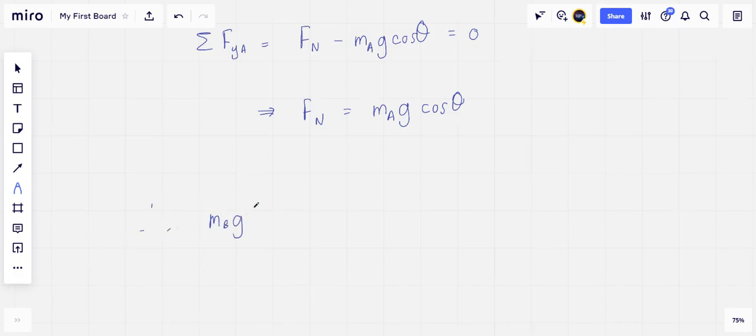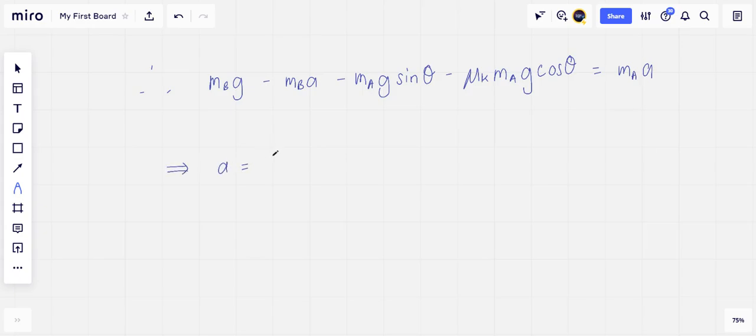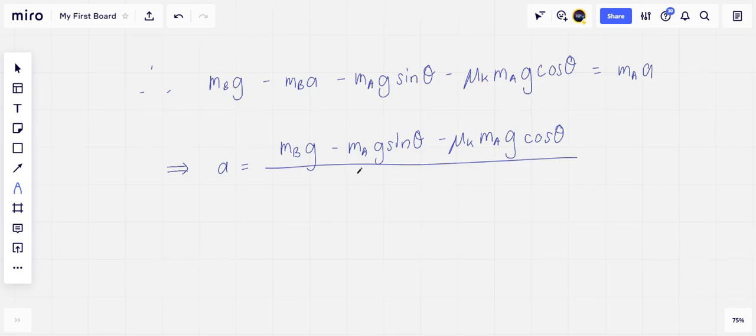So we get mB times g minus mB times a minus mA times g sine theta minus mu k mA g cosine theta is equal to mA times a, which means that the acceleration a is equal to mB times g minus mA times g sine theta minus the coefficient of kinetic friction mu k times mA times g times the cosine of theta, all divided by mA plus mB.